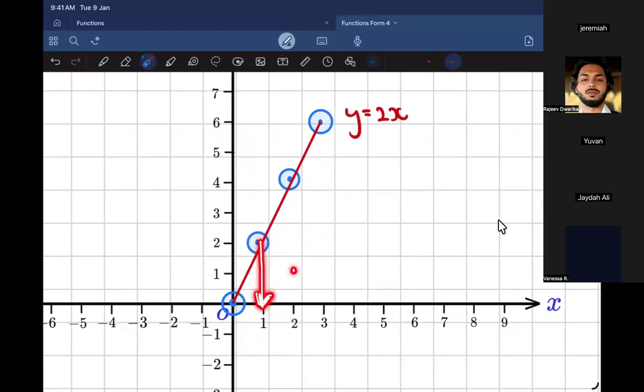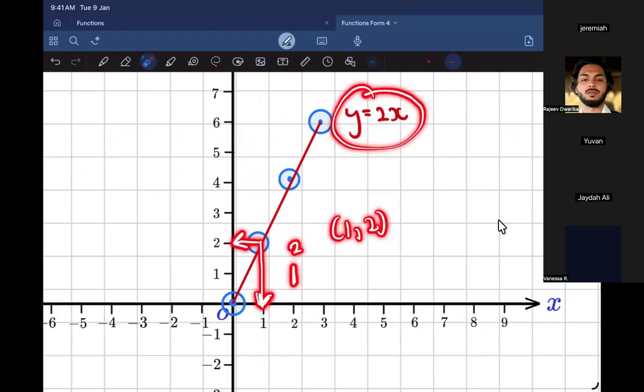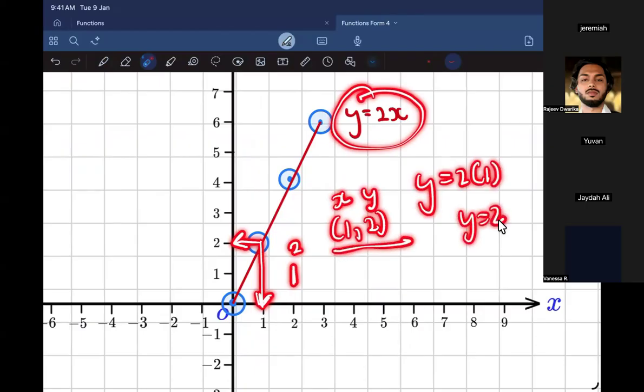Oh, x is 1. And y would be 2. Does that follow the equation of the graph? Yeah, because it says y is equal to 2x. X would be 1 and y would be 2, so y would be equal to 2 times 1, which is 2. We see it now over here, right?